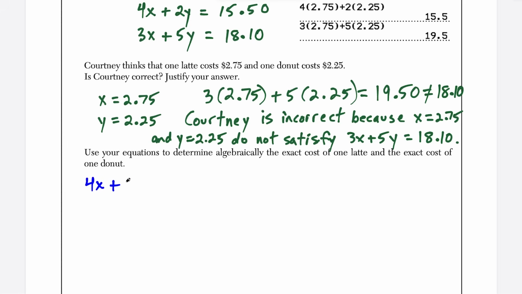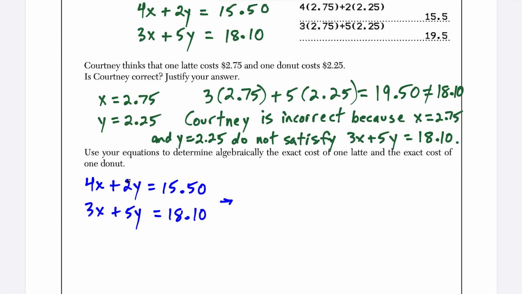We had 4x plus 2y equals 15.50. And then we had 3x plus 5y equals 18.10. And what we want to do here is eliminate either x or y. Let's say we want to eliminate y.